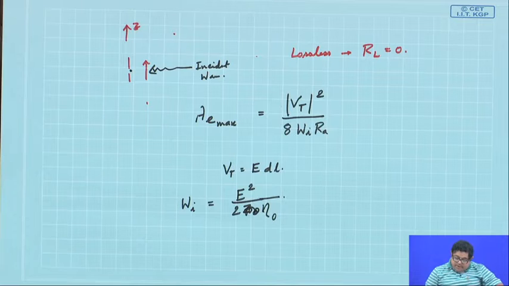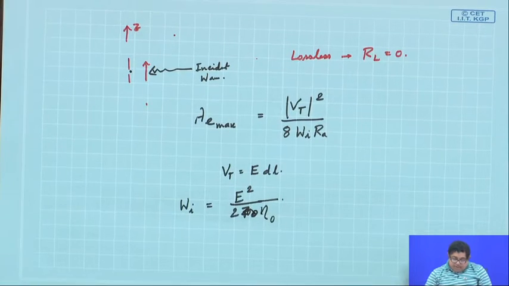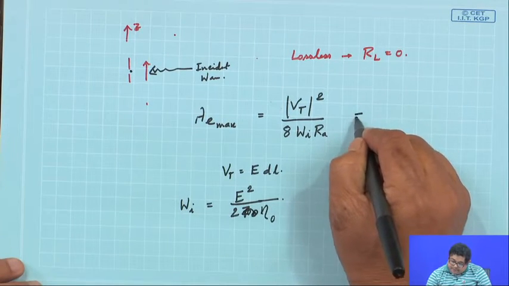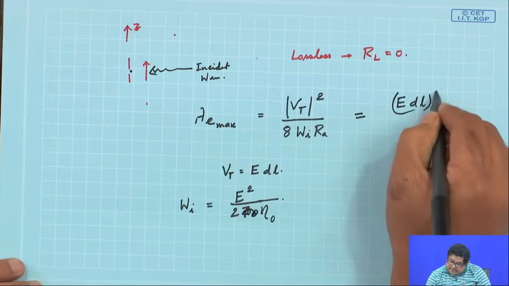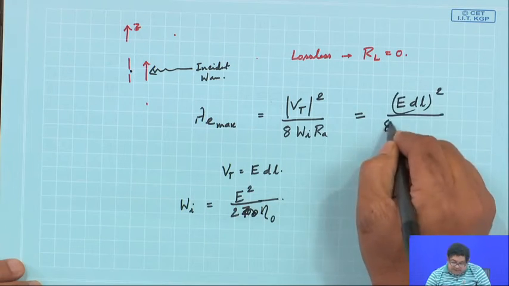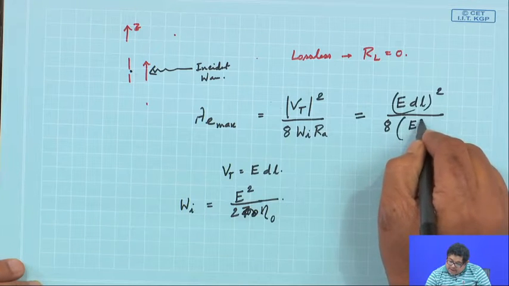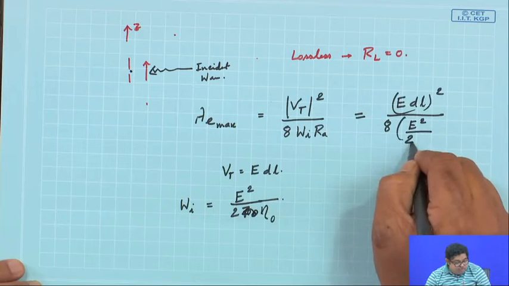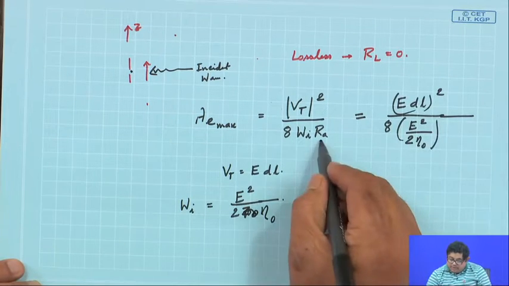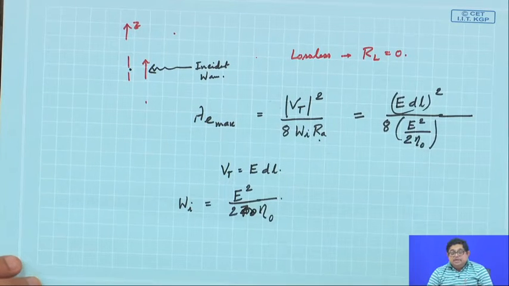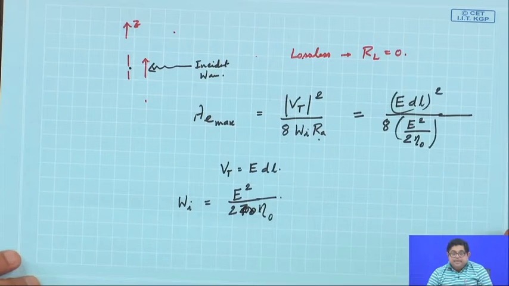Okay. So, let us put it now. It is E d l square by 8, E square by 2 eta naught, and this value we found for the current element. What is R A?